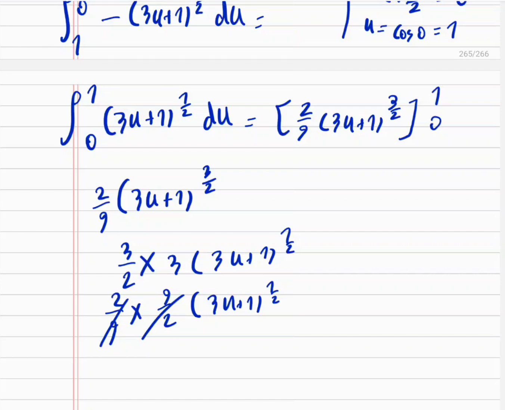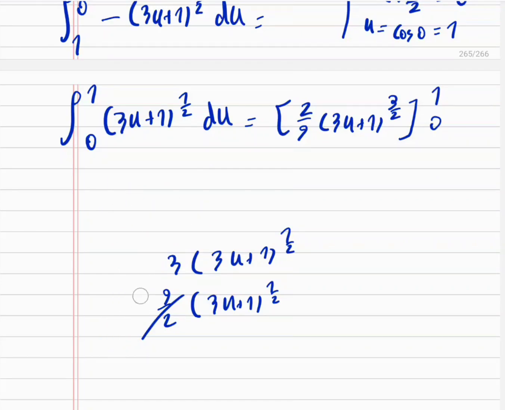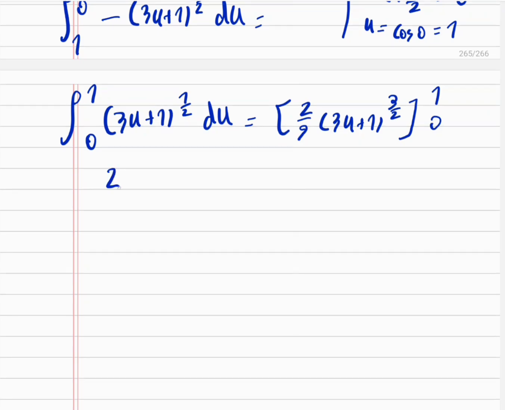And these are our bounds. So we can just substitute these. So we have 2 over 9. And when we substitute 1, we have 3 times 1 plus 1, which is 4 to the power of 3 over 2, minus, when 0 is substituted, it's just 1, so just minus 1.